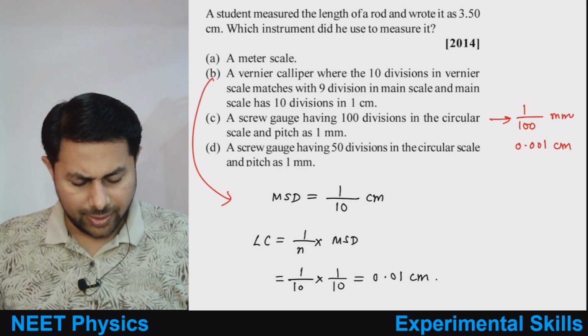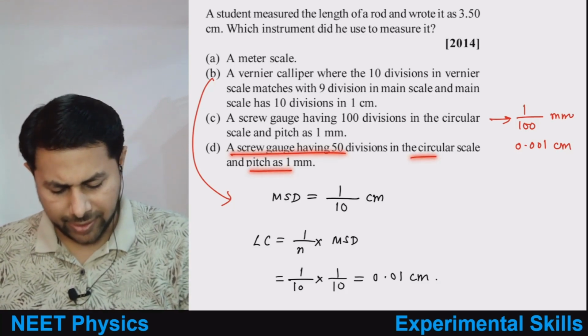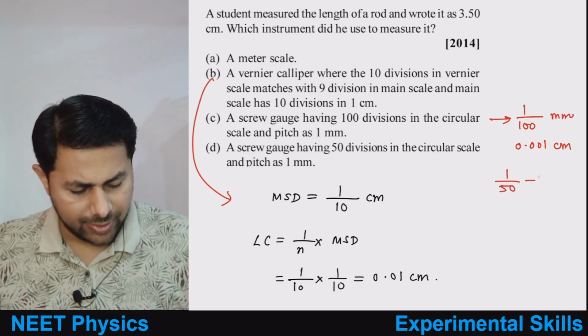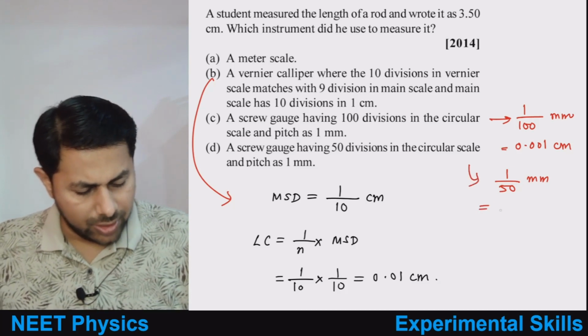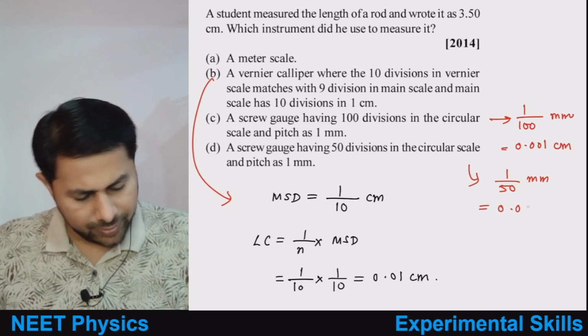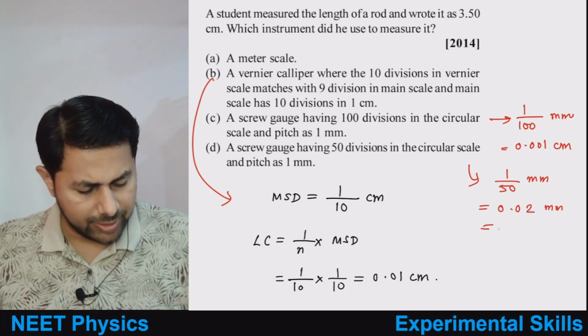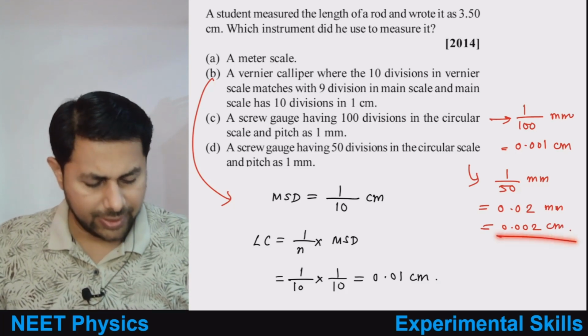And a screw gauge having 50 divisions in the circular scale and a pitch of 1 mm. So again 1 divided by 50 of mm, that is 0.02 of mm, which means 0.002 of a centimeter.